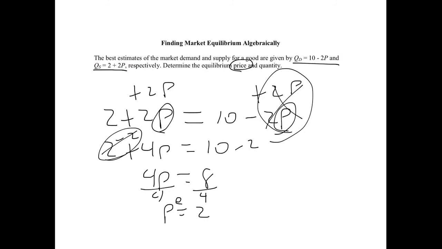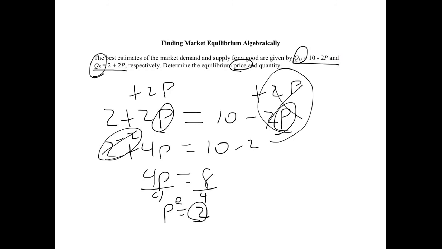But remember, we also need a quantity. So how do we determine the equilibrium quantity? Well, we simply take this price and we go back to either the demand equation or the supply equation, because remember, we're in equilibrium. Quantity supplied and quantity demanded are equal.